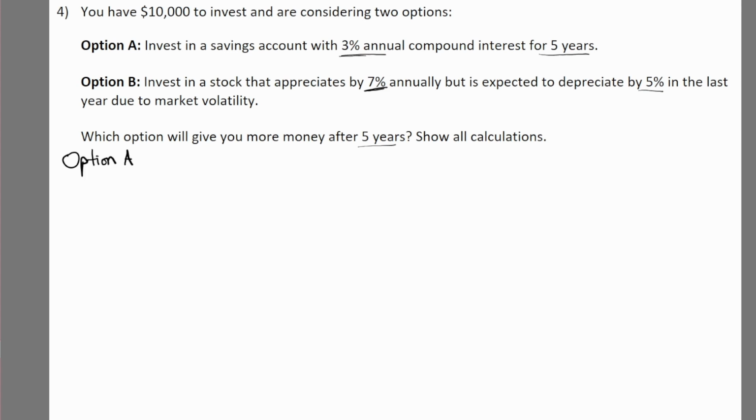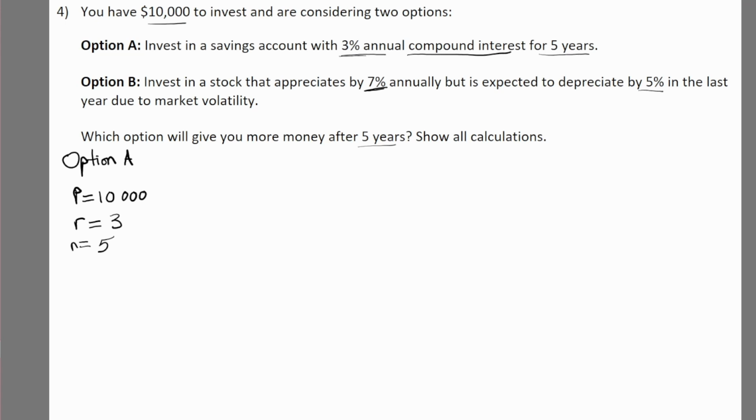For option A, we're dealing with a principal amount of $10,000, which is the amount you want to invest. We're dealing with compound interest where the interest rate is 3%, and we're going to be investing for 5 years. So N is equal to 5.